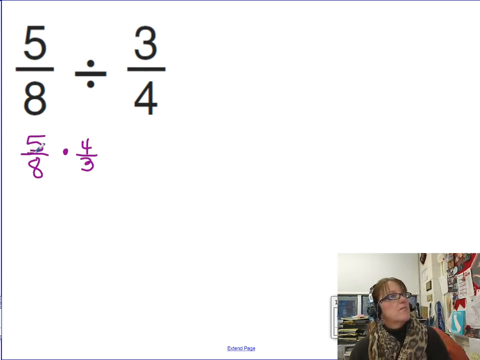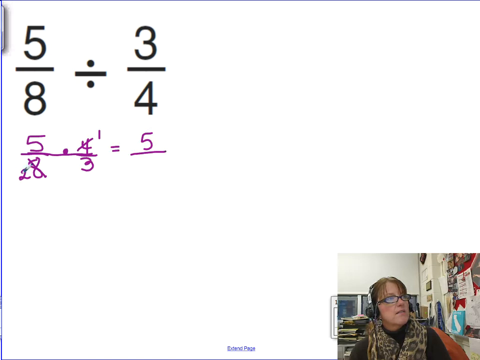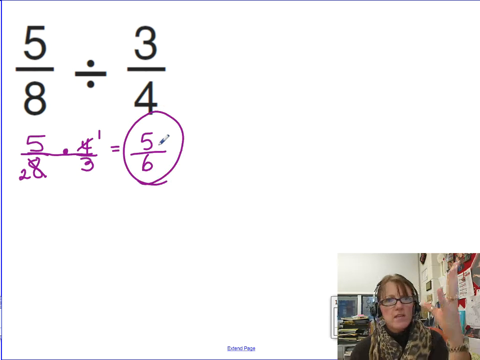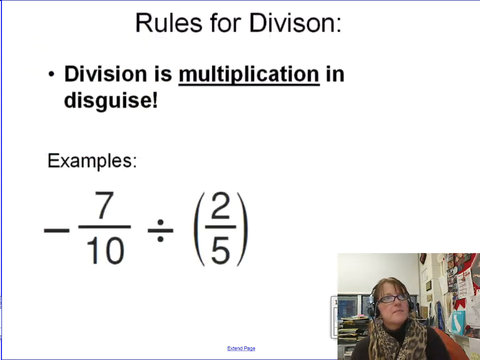Make one giant fraction. Look for any simplifying that you can do. And I say, well, hot diggity dog, I can factor a 4 out of my numerator and denominator. And now I will get 5 times 1 in the numerator and 2 times 3 in the denominator. It's already in simplest form. Beautiful.